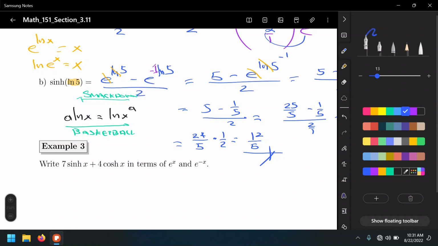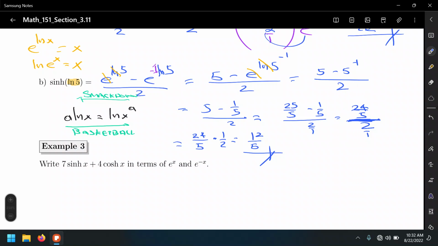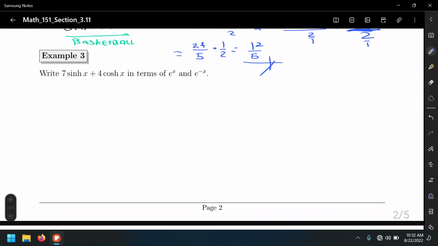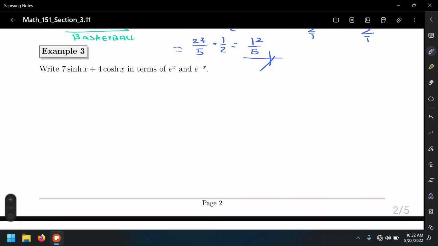All right, so now that we computed a few values using the exponential functions to describe some of the hyperbolic functions, let's move on and do some algebraic expressions involving hyperbolic functions. In example number 3, they're asking us to write the expression 7 sinh x plus 4 cosh x in terms of exponential functions, not in terms of hyperbolic functions.